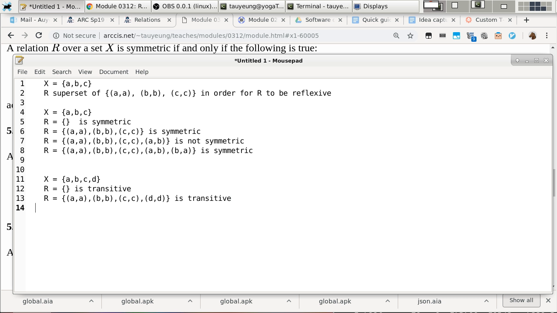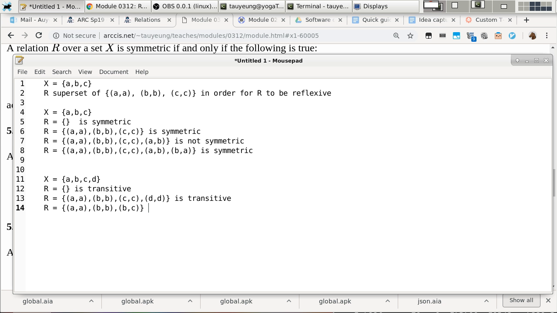Okay, so let's check out the next one. So R is AA, BB, and we'll just add BC here. Is that transitive? How can I make that condition false? You would ask. How can you make that condition false? You cannot make it false. It is transitive.